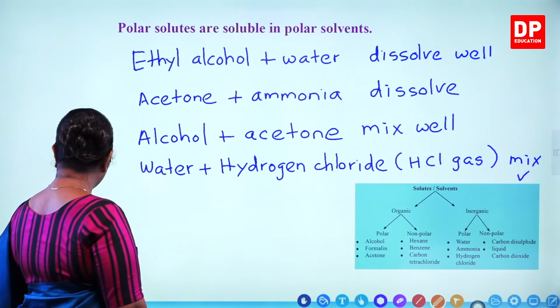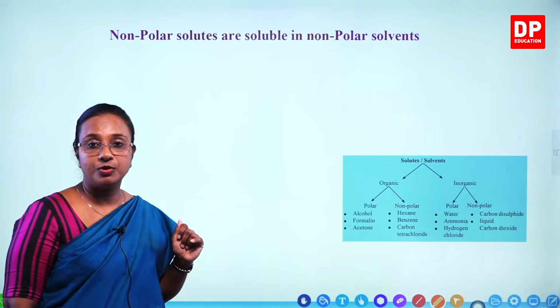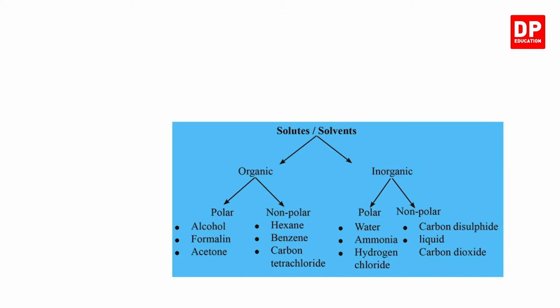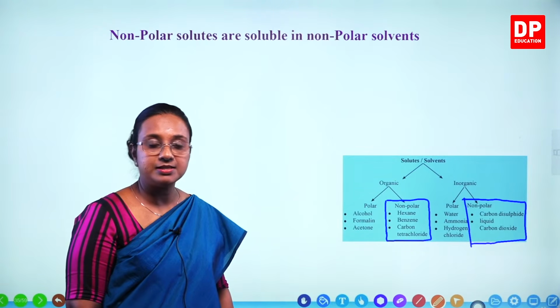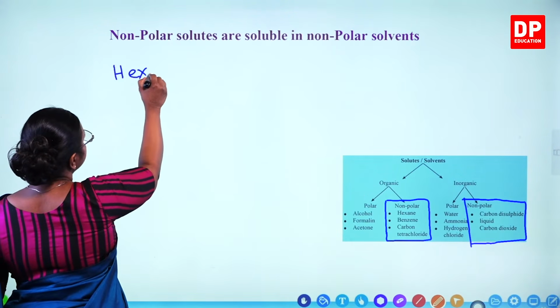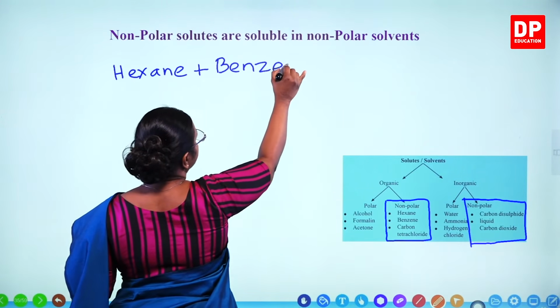Now we will look at some examples for non-polar solutes that are soluble in non-polar solvents. So as I explained before, here we have non-polar organic substances and non-polar inorganic substances. If I take organic substances, hexane and benzene, hexane dissolves well or mixes well in benzene.